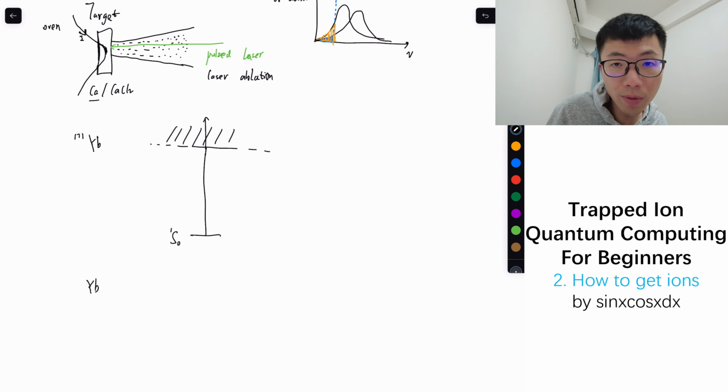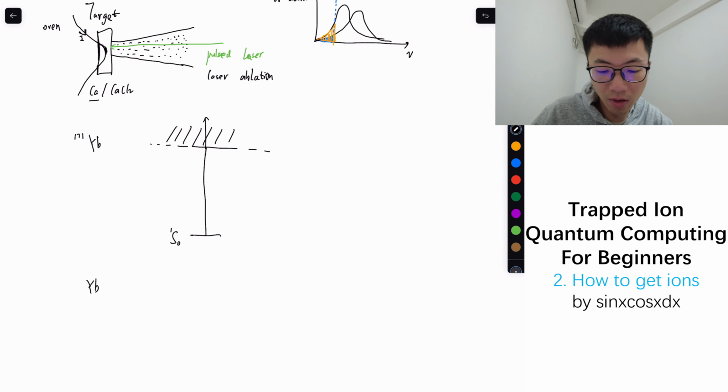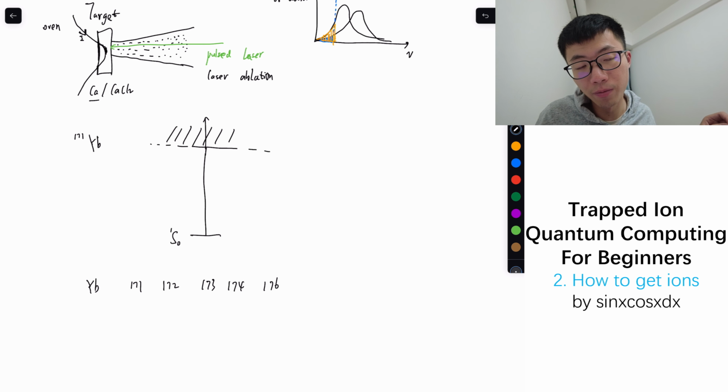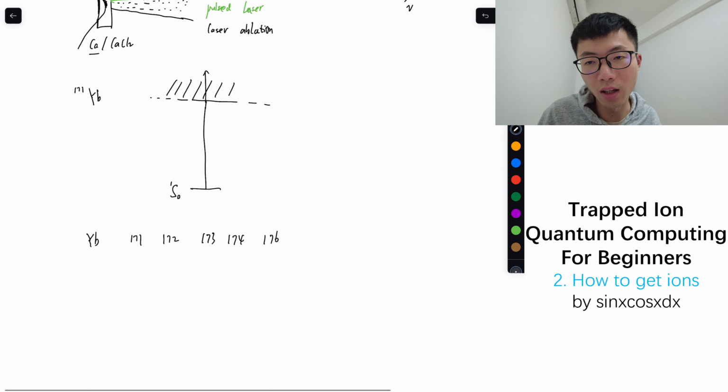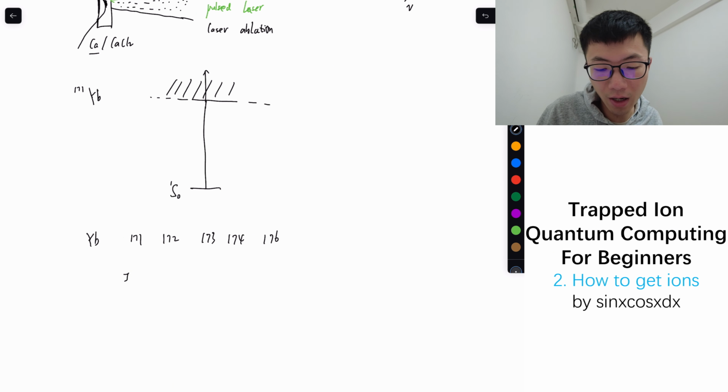for natural ytterbium metal, it has several different isotopes: 171, 172, 173, 174, 176, etc. There are many different isotopes, and the energy structures could be totally different because they have different nuclear quantum numbers. They have different I. So typically we want ytterbium 171 because I equals 1/2, which is a very ideal result.